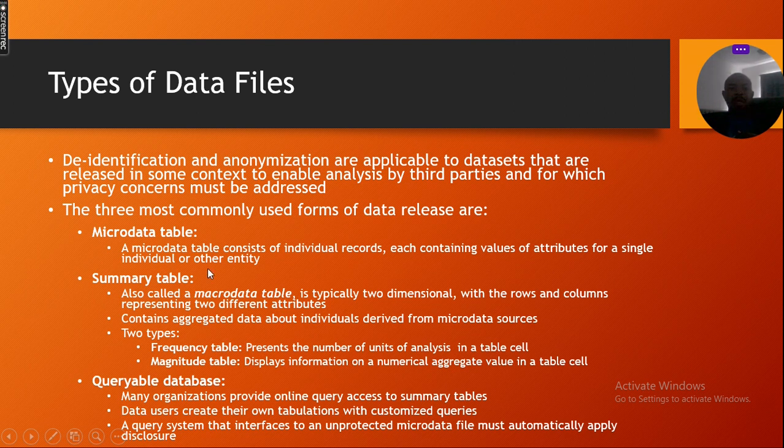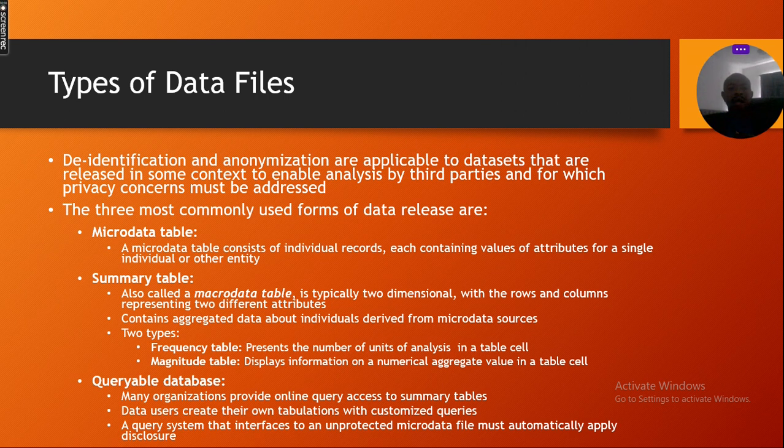It's typically a two-dimensional table that has rows and columns, representing two different categorical attributes. That's why they have rows and columns. So these are called macro data tables, or summary tables.